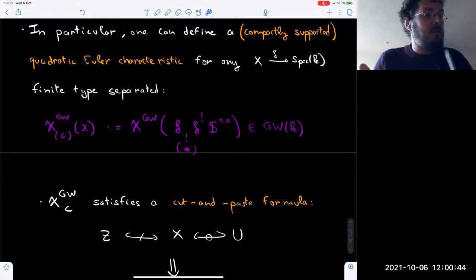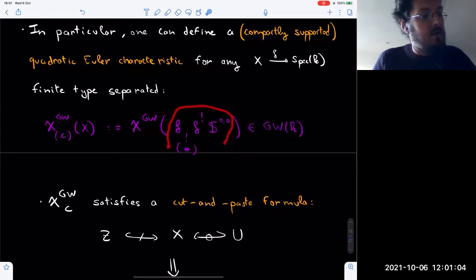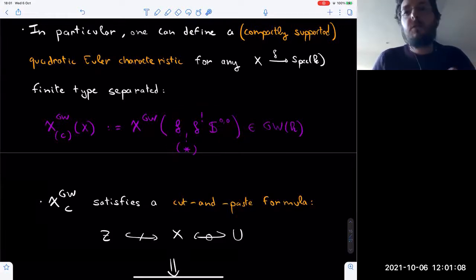And using this formalism of 6 operations for SH, you can do this for any finite type separated scheme over K. So you can define these two, the usual Euler characteristic and the compactly supported one, as this quadratic Euler characteristic of a certain object that you build from X using the 6 operations formalism.